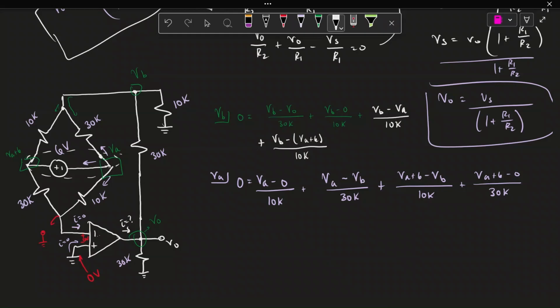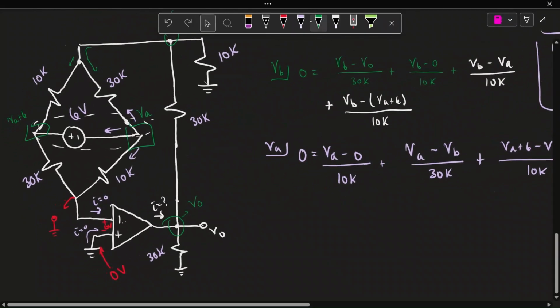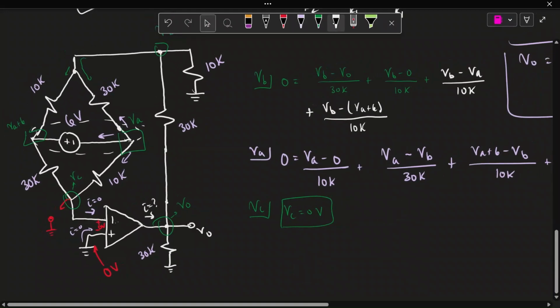We cannot write a KCL for VO because we don't know the current coming out of the op amp. But if you look at the bottom of the Wheatstone bridge, we have a node right where I'm circling. I forgot, and I'm sorry, and now I'm labeling it as VC. From here, all we're going to do is create a very simple KCL equation for node VC.